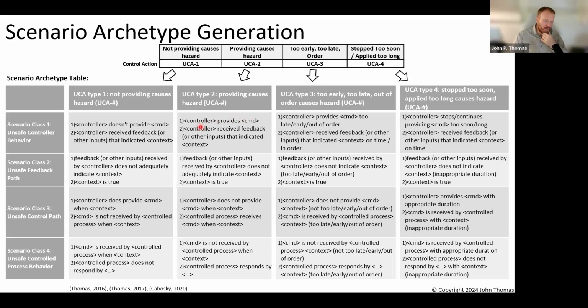Command is a tag, context is a tag. If you look at the tags, the information, actually, most of it comes from the UCA. Most of your work is actually buried in the UCA, which is nice. It provides traceability so that you have a basis to review the scenarios and to know what's missing or what else needs to be considered.